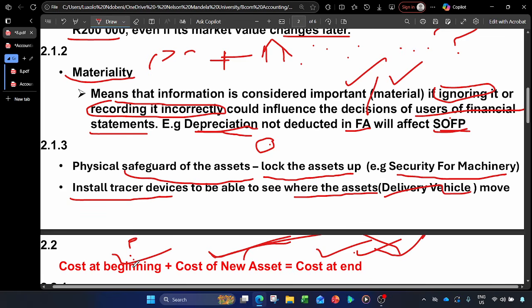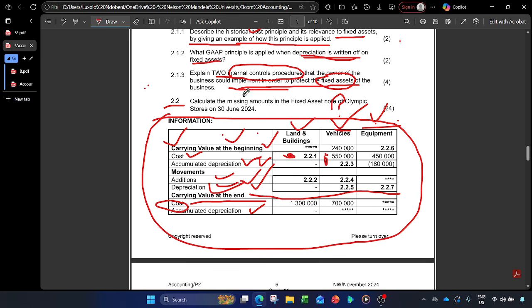So this is the formula. Just know it mathematically also: cost at the beginning plus cost of the new asset is equal to the cost at the end. You must memorize this so that you don't forget it, because there is no way you can calculate this if you don't know that formula. Every formula you must know in order to apply it.